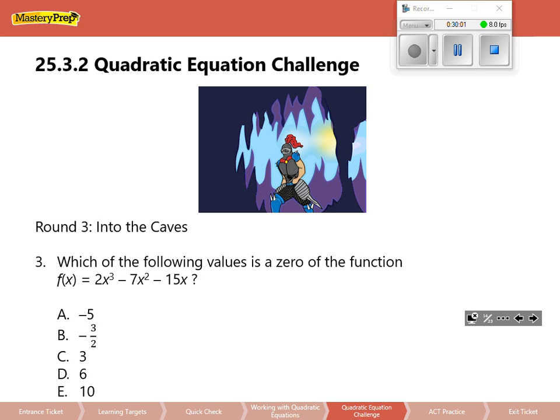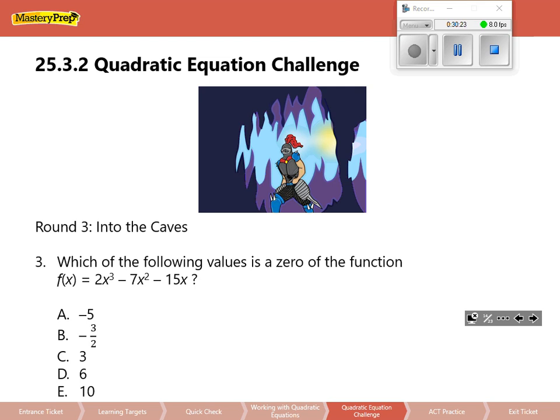Which of the following values is a zero of the function f of x equals 2x cubed minus 7x squared minus 15x? Is there any constant term in this function? So, guys, let's wake up.